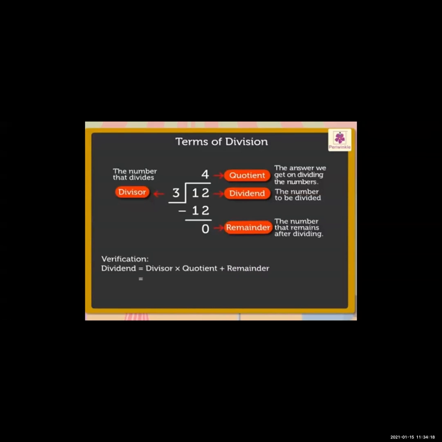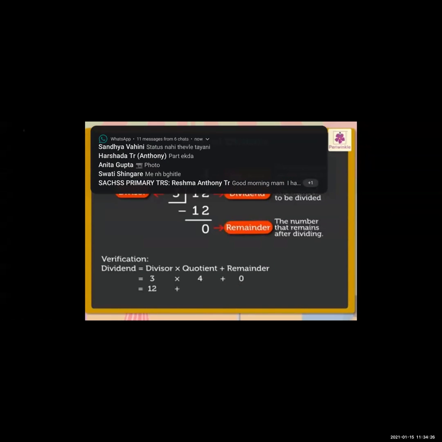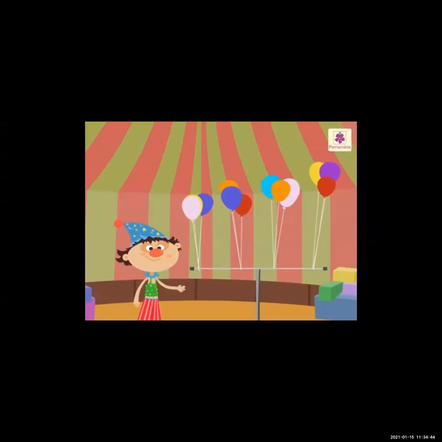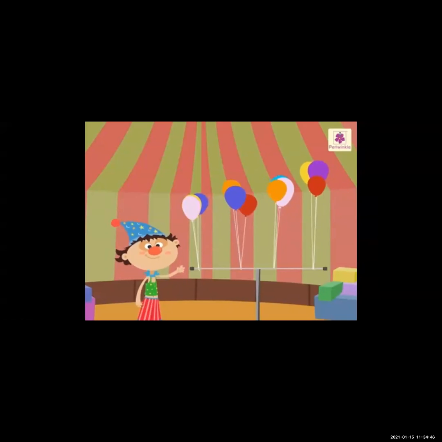So, dividend is equal to 3 into 4 plus 0 is equal to 12 plus 0 is equal to 12. Isn't it interesting? The answer we get is the dividend itself, that is 12. Wasn't that easy to revise with Jojo? And it was fun too.